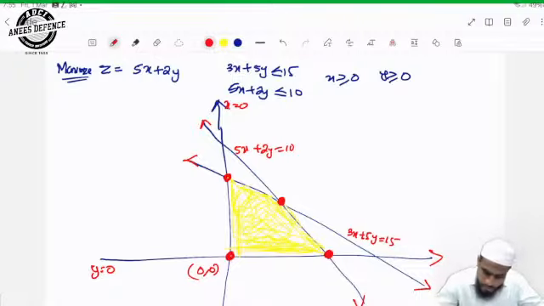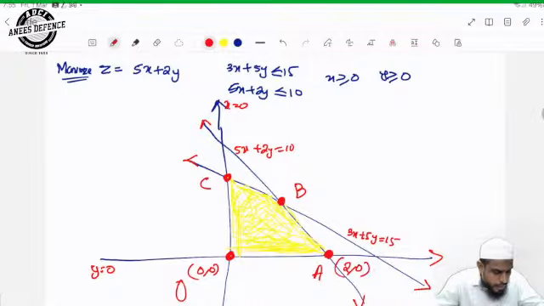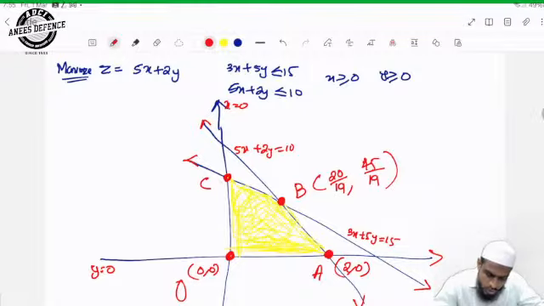So O, A, B, C. This is O. This is A. This is B. This is C. By calculating the intersecting point of these two lines, you are getting B as 20 by 19, 45 by 19, and the point C is 0, 3.